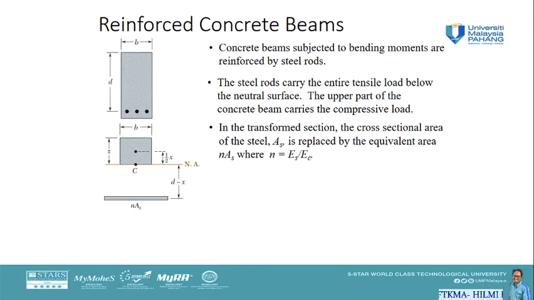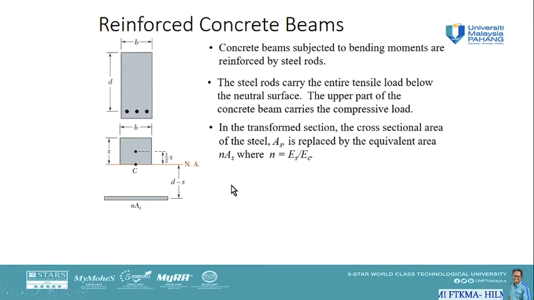We are going to use the width of the beam b and the distance d from the upper face to the center line of the steel rod, d minus x, and then the first moment of the transform section with respect to the neutral axis must be equal to 0.